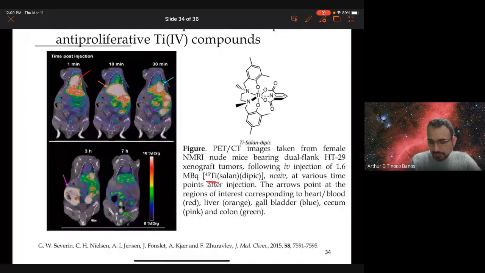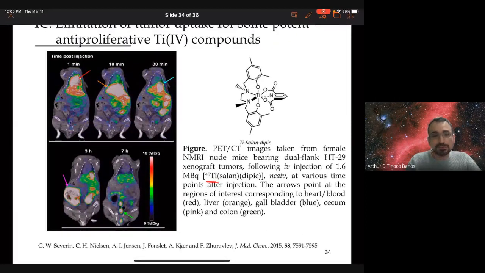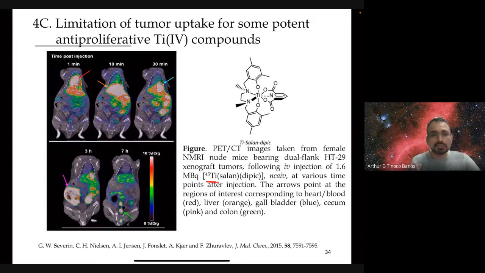We're going to talk about this technique more closely in a later lecture, but I wanted to show the finding of this study, where they were tracking the titanium from this compound as it is injected into the mouse.